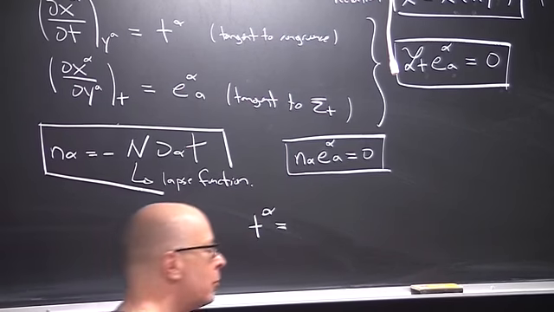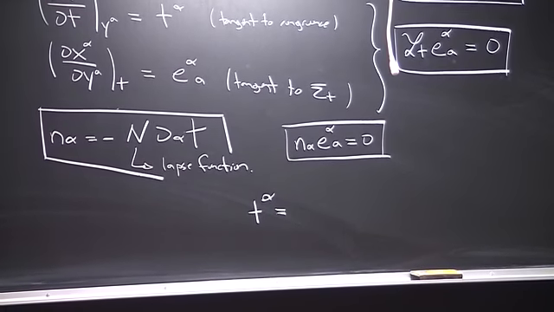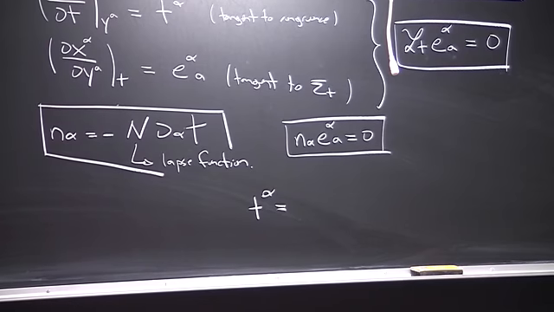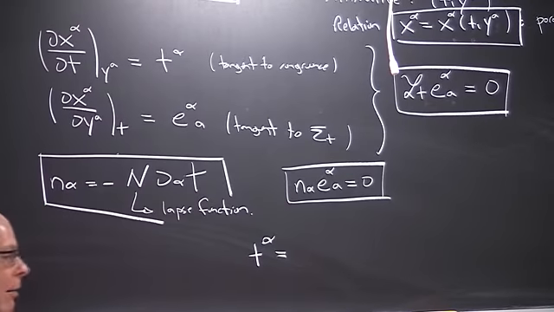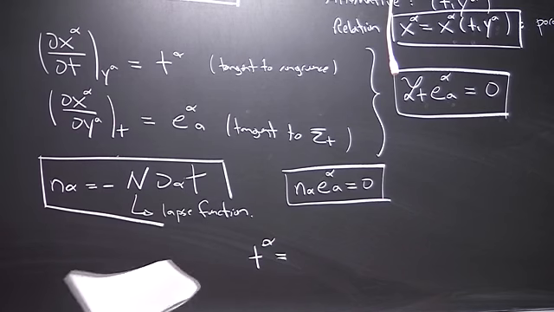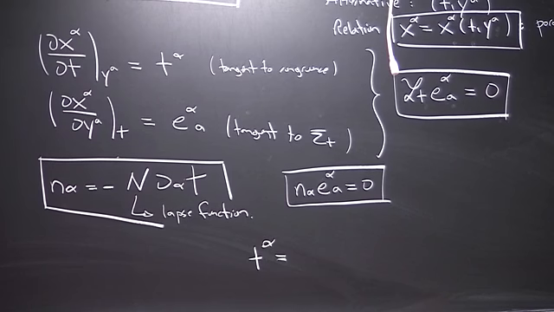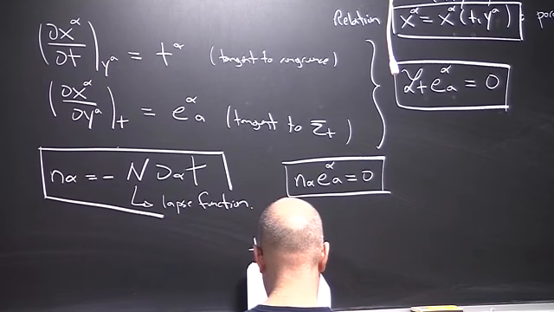I want to introduce a decomposition of t in terms of a basis of vectors that I get when I join n and the tangent vectors. So by having the tangent vectors on a hypersurface and having the normal to the hypersurface, I have a very good vector basis that I can use everywhere. And I can decompose any vector or any tensor in terms of that basis. And here I just want to decompose t in that basis.